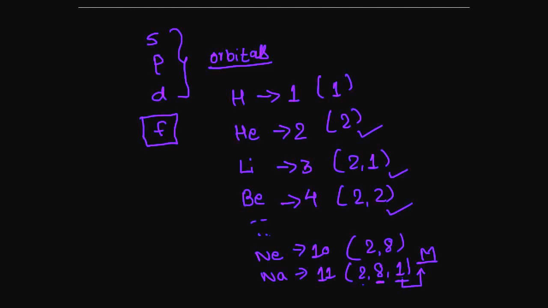Now, the concept of cell is not very clear, so there is a new way of studying all these. These are called orbitals. So, what we need to know is, first of all, where the orbitals lie.